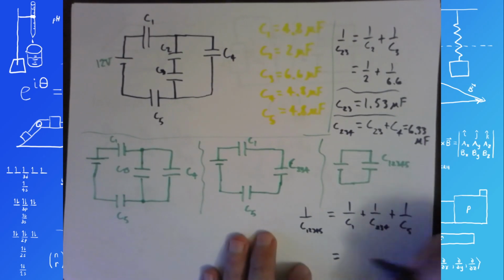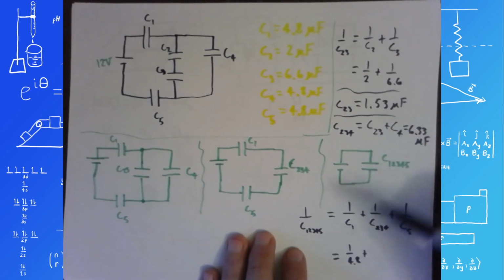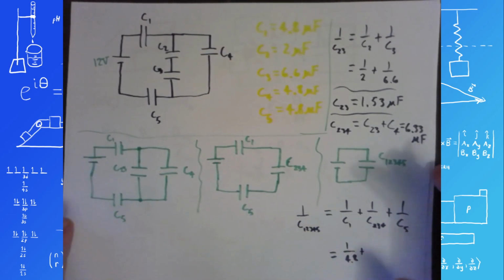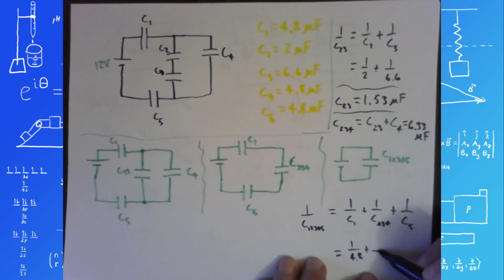So that's going to be 1 over, what was C1 again? 4.8 plus, I would list the units, but since they're all in the same units, they're going to all come out in the same units too, so I can save myself a little bit of ink and time by not having to write the units in, since I already know they're going to come out correct. And then 1 over 6.33, and then plus 1 over, that was also 4.8, right? Yep, it was also 4.8.